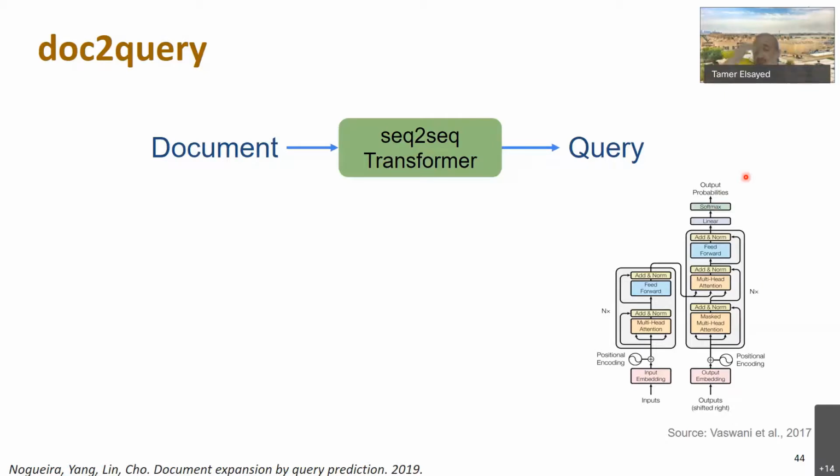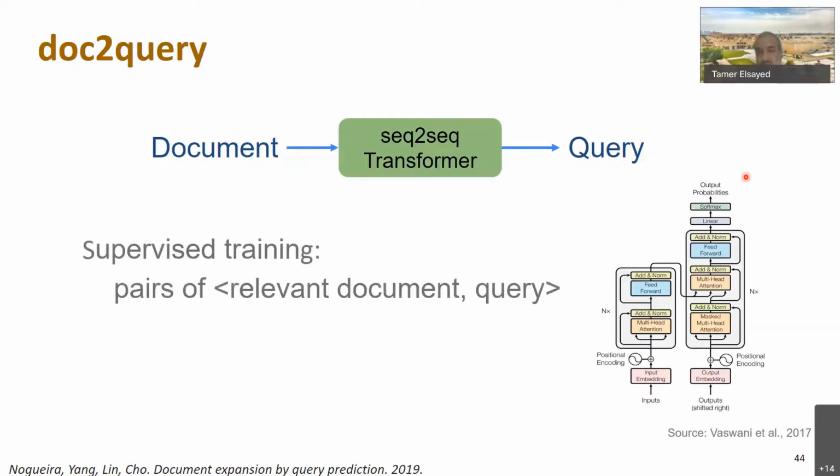From the relevance judgments, we have the query and the documents that are relevant to it. So we just switch them. We give the document and we want to predict the query to which this document is relevant. So, Doctor, we will input the terms of the document. Yes, the relevant document, and the query will be the output.